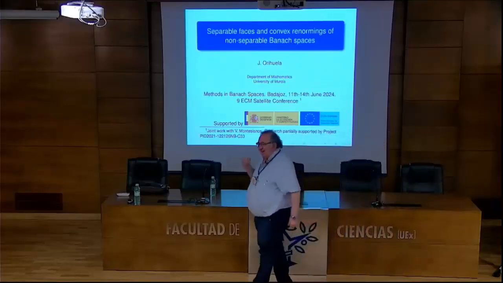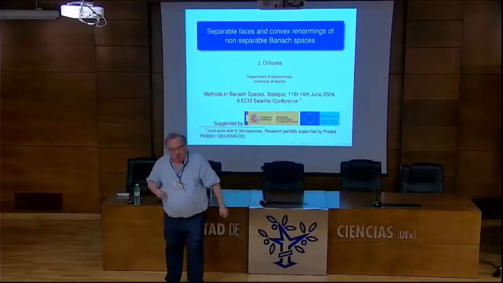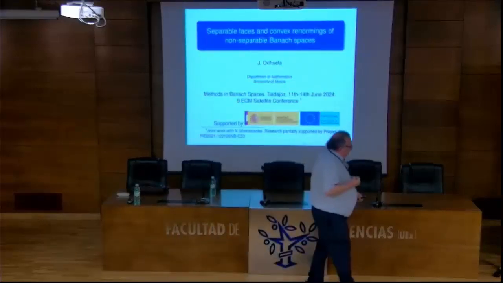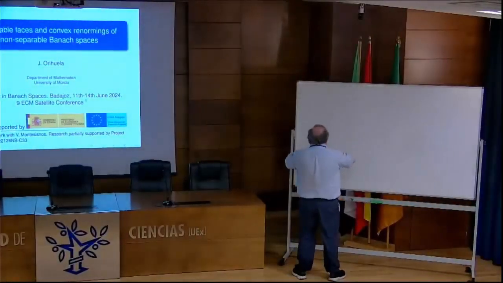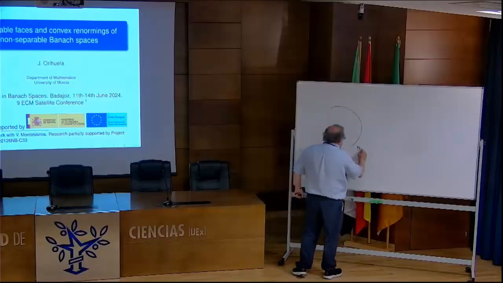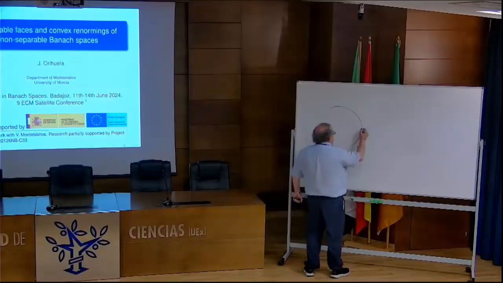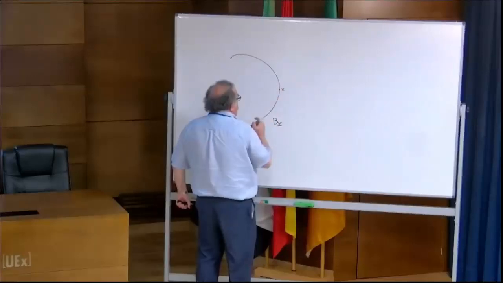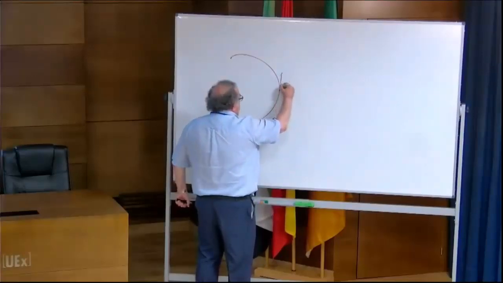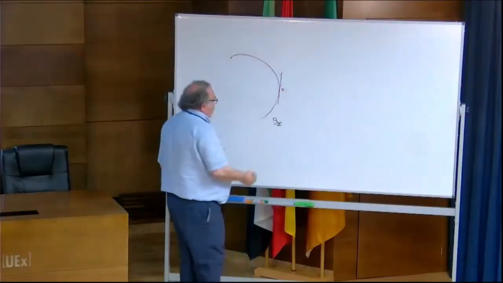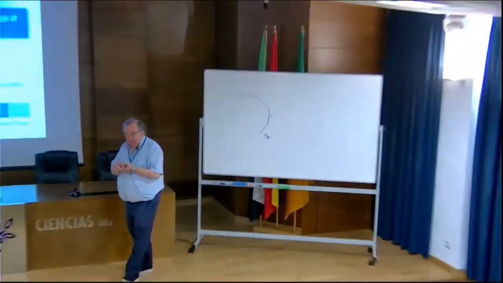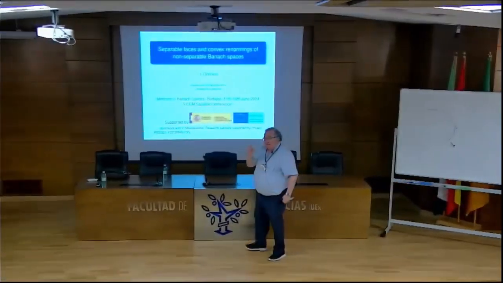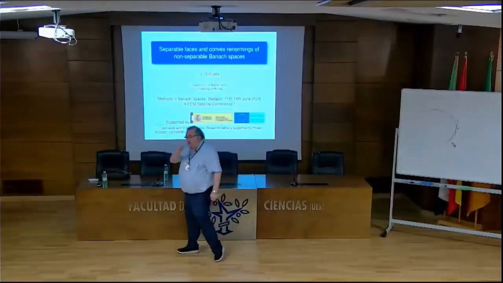What does strictly convex mean? Strictly convex means, if this is the ball, and this is one point, the line segment is not in the sphere, it only contains the point. There are no line segments in the unit sphere.